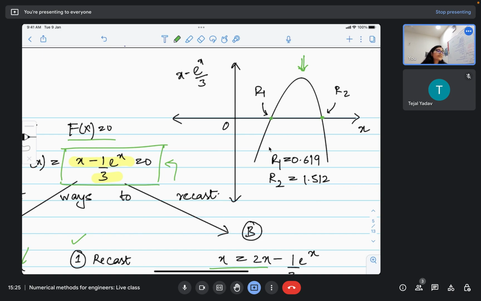Why are these points called the roots? Can you just tell me quickly? Because when we put these values in the equation, it will give y is equal to 0. Yes, that is fantastic. That is like a direct understanding of the expression.